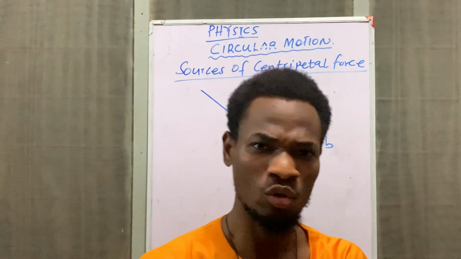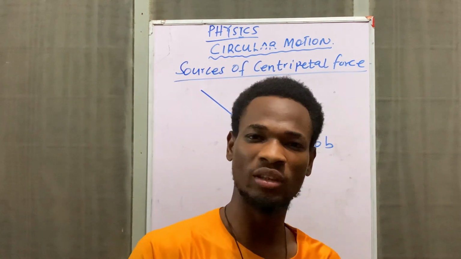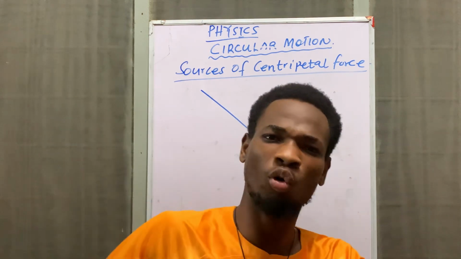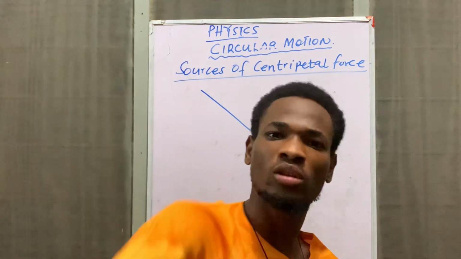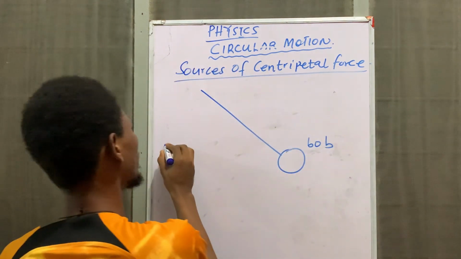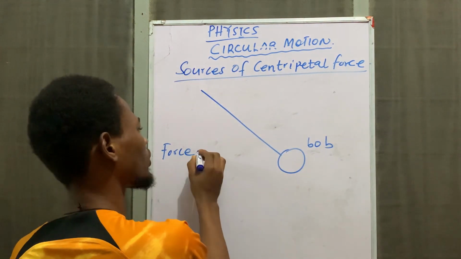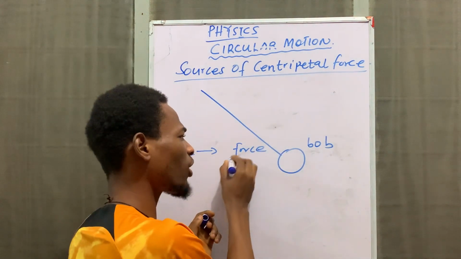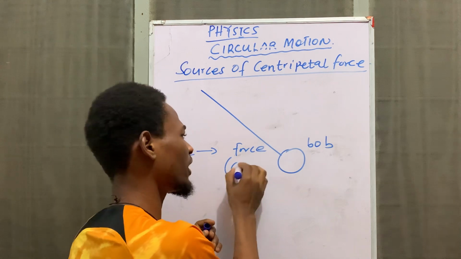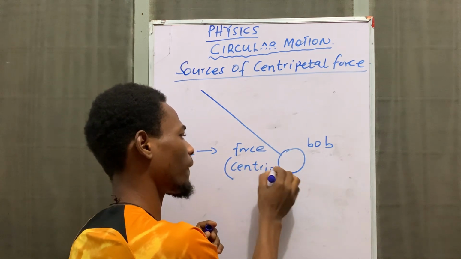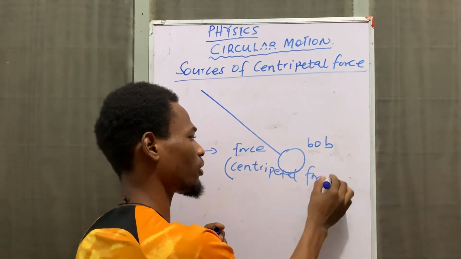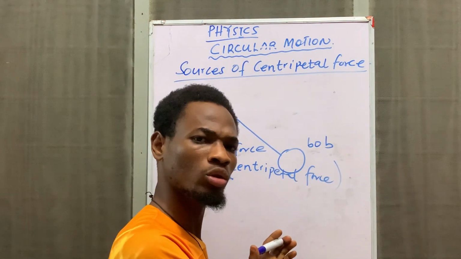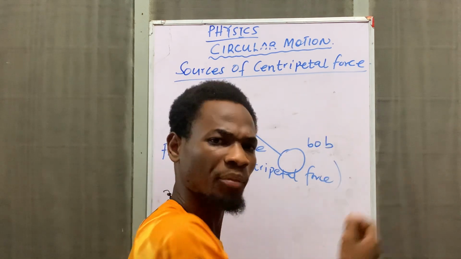Before you produce your own centripetal force, it can only be done when you use a force to produce it. But the force you are interested in is the centripetal force. So we are using force to generate the centripetal force.